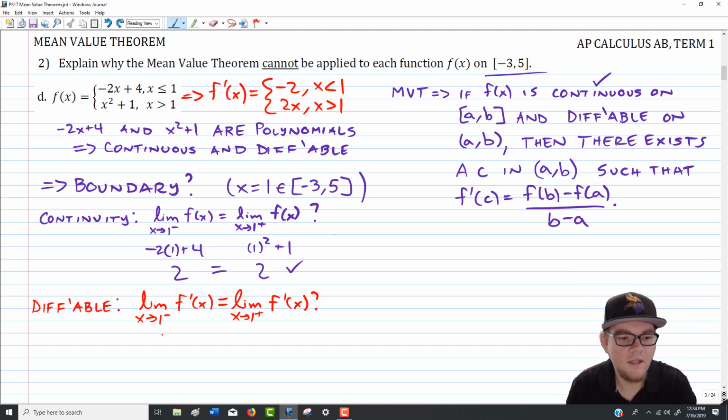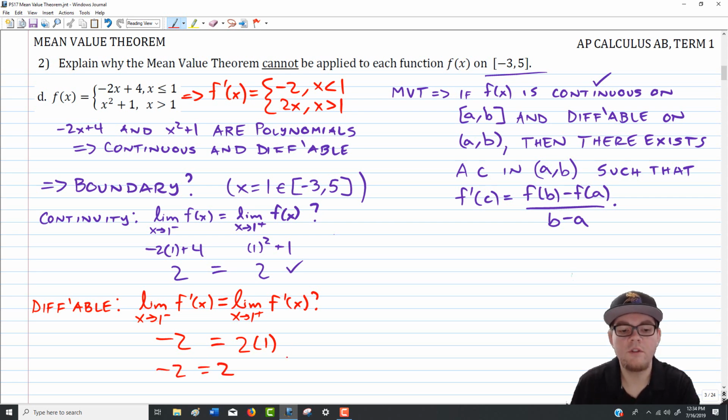So with that in mind, if x is less than 1, the slope is clearly -2. If x is greater than 1, our slope is 2 times 1, which means that we get -2 equals 2. Unfortunately, that is not true.